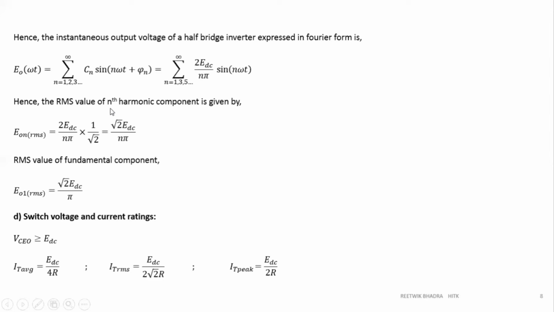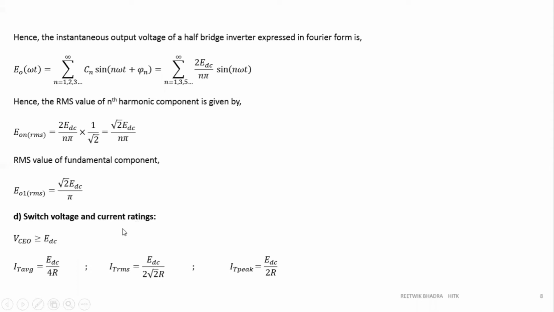So to find the RMS value of the nth harmonic component, represented by e0n RMS, where n is 1, 3, 5, 7, 9 and so on, 2 EDC by n pi divided by root 2 gives root 2 EDC by n pi. n equal to 1 is called the fundamental component, so substituting n equal to 1 you get root 2 EDC by pi. If you are told to find the third harmonic component, substitute n equal to 3, so that becomes root 2 EDC by 3 pi, and so on.